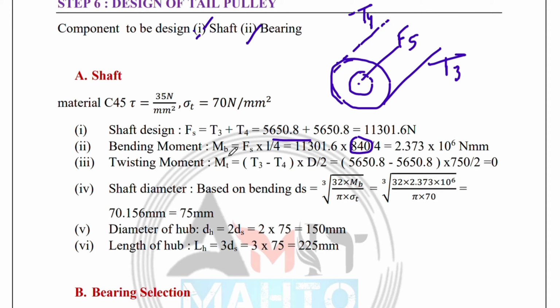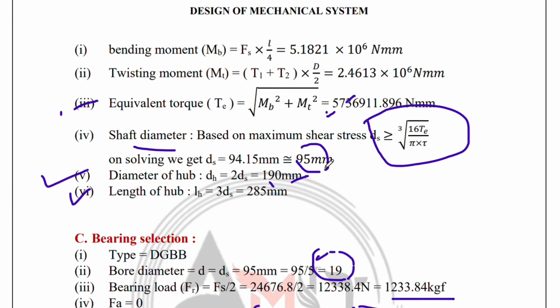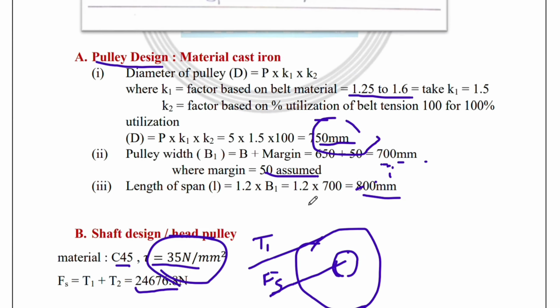Here put the Fs value of the tail pulley, don't put the Fs value of the head pulley. And L will be the length of span, 840.